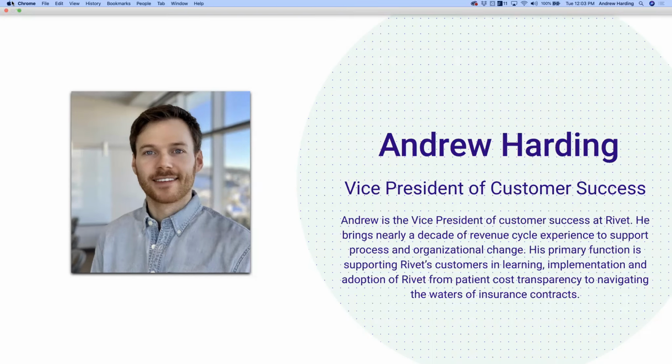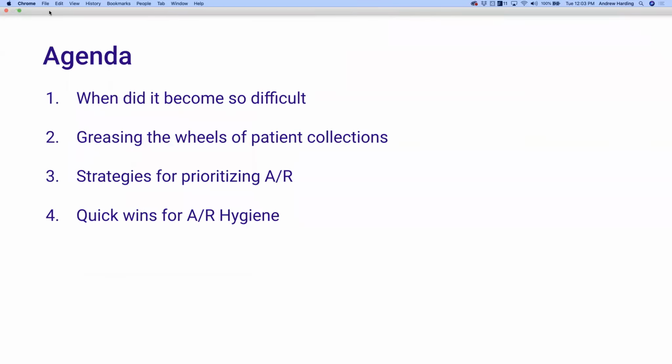So, a quick agenda, talking through what we're going to talk about today. There are four major topics. The first is, and these are all humorously named, when did it really become so difficult to collect from patients? Then we'll move into some principles and some possible things to think about to grease the wheels of patient collections, make it a little more streamlined, a little easier. And then talk through strategies for prioritizing your patient accounts receivable.